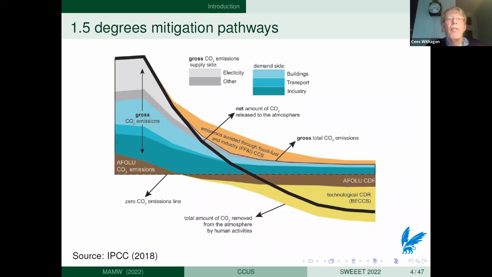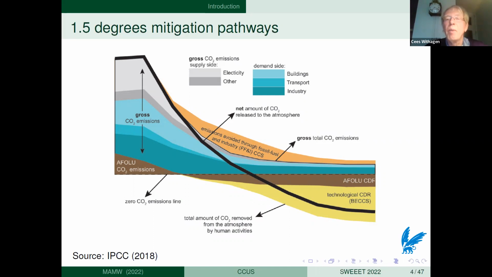Here you see that the thick black line is one way to reach the 1.5 degree budget. And you can see, for example, here in the emissions avoided through fossil fuel and industry, that there is CCS, that's carbon capture and storage. Also, when it comes to agriculture, forestry, and land use, there is carbon capture.